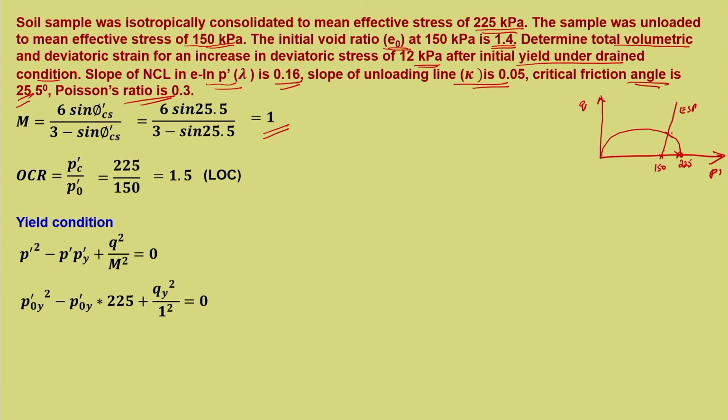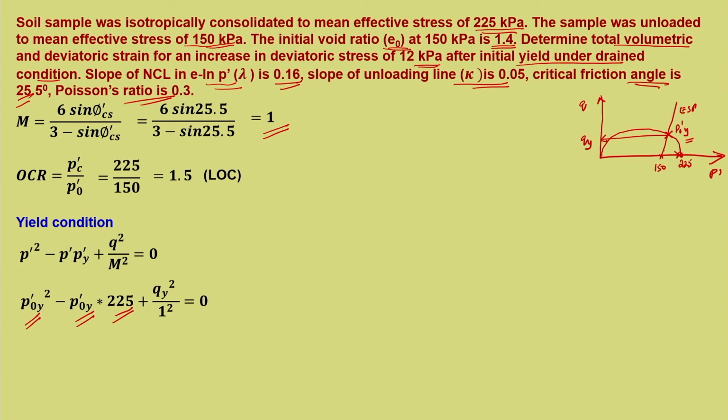Now, this is the point which we are talking about where we need to find out QY and this is P naught dash Y. So, this is what we need to determine, and that we have already shown in the last problem. So, just substitute it for P naught dash Y square minus P naught dash Y into P dash Y is 225 because this is the yield curve which it corresponds to.